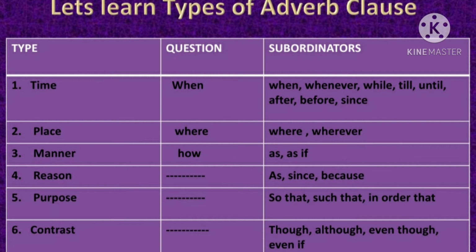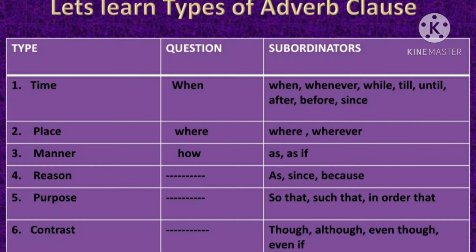So there are contrasting ideas, there is an opposite idea that has been used in both the given clauses. So wherever a subordinate clause gets the subordinator like though, although, even though, or even if, surely it is an adverb clause of contrast.